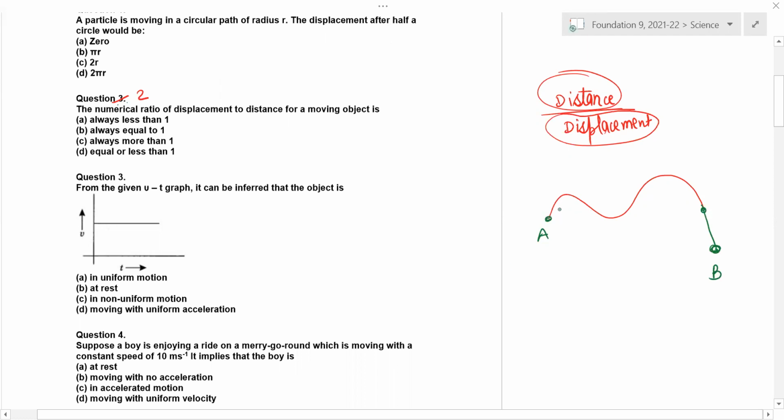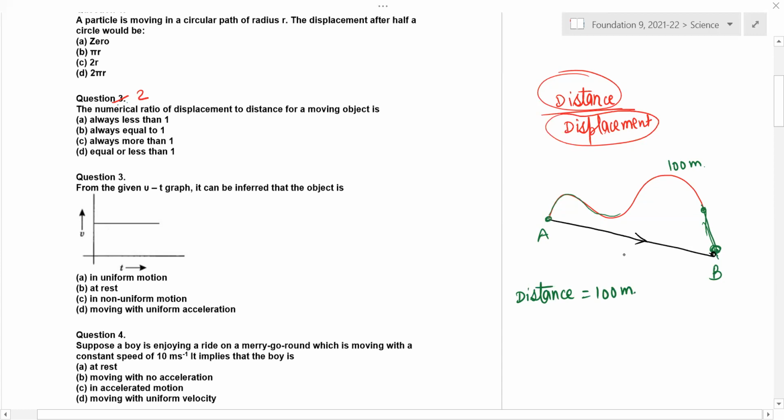Distance is total path length. We start like this, and come to this point. This total path length could be, suppose, 100 meter. So distance is how much? 100 meter, right? And displacement we have learned is nothing but the shortest path length from starting and ending point.